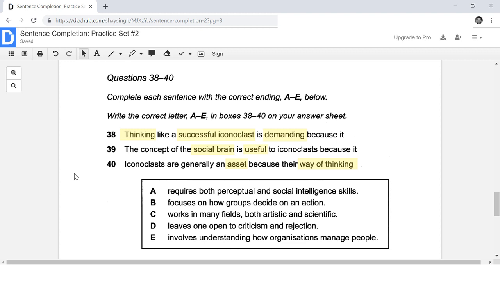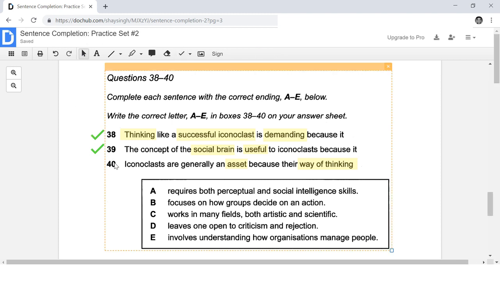And all of them seem a little bit harder to find because I don't see any proper nouns in here. I don't see any numbers. So it seems like they're going to be a little bit tricky to find. But still, I think that number 38 and 39 are going to be easier to find in comparison to number 40. So let's do that first.